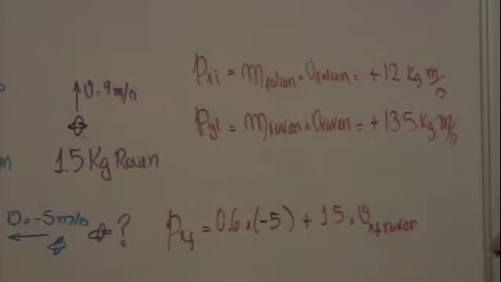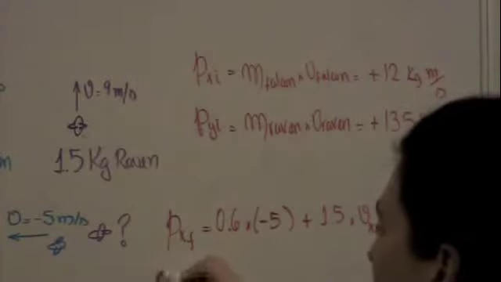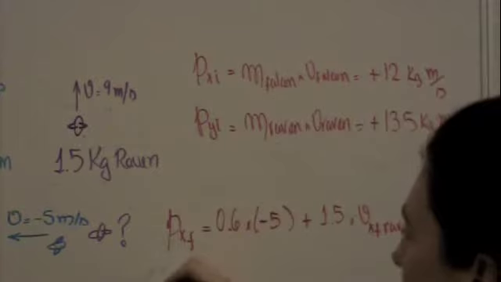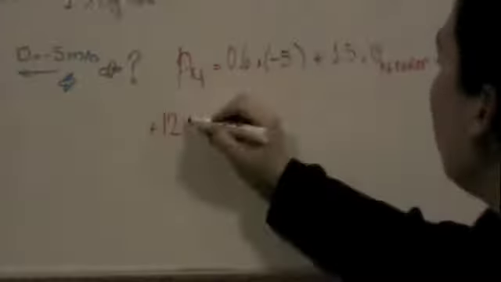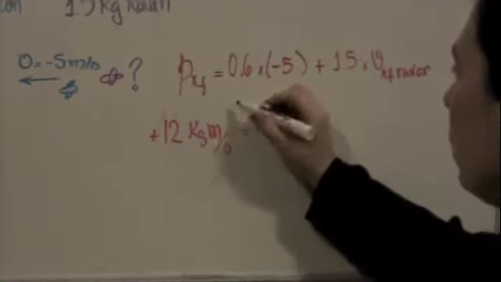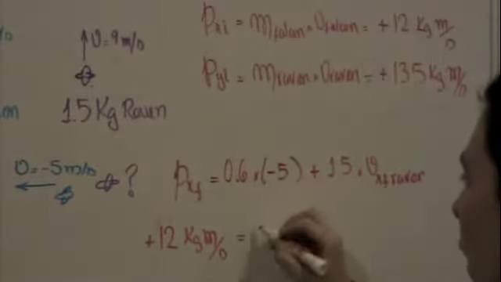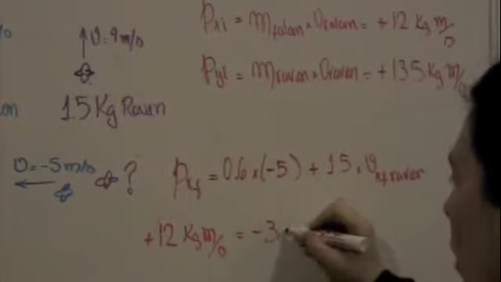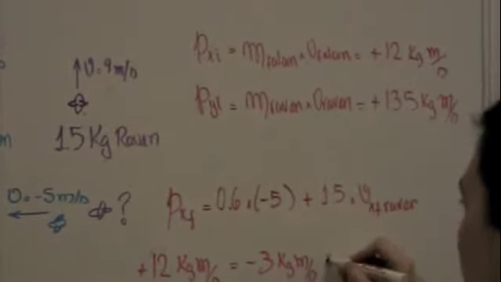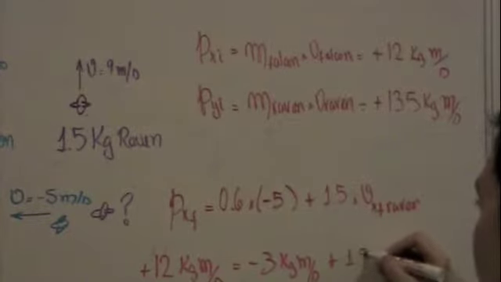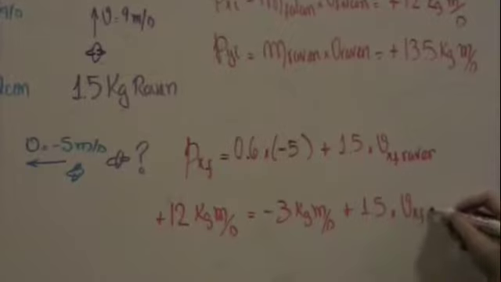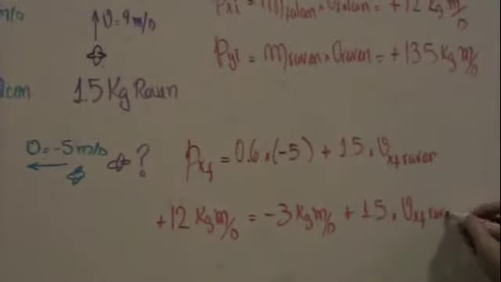So Px final equals Pxi, which is plus 12 kilograms meters per second, equals minus 3, again kilograms meters per second, plus 1.5 times the final velocity in the x of the raven.